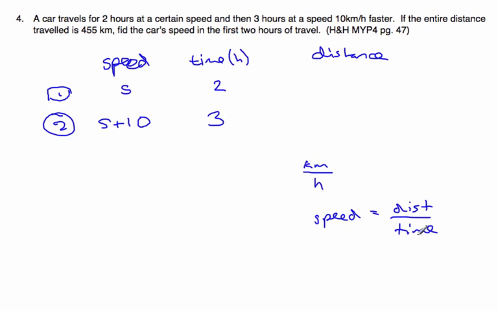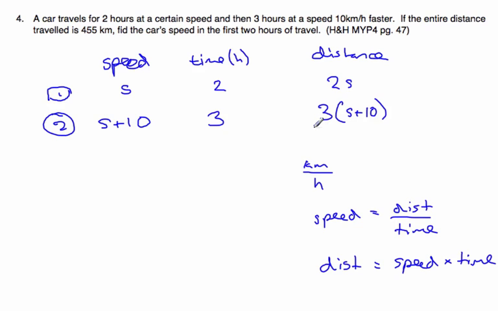What we need is the distance, so the distance is speed multiplied by the time. So my distance is 2S, and over here, 3(S add 10).